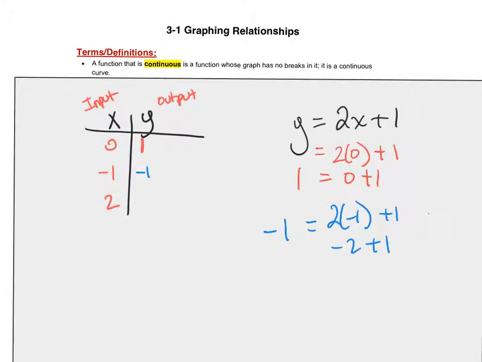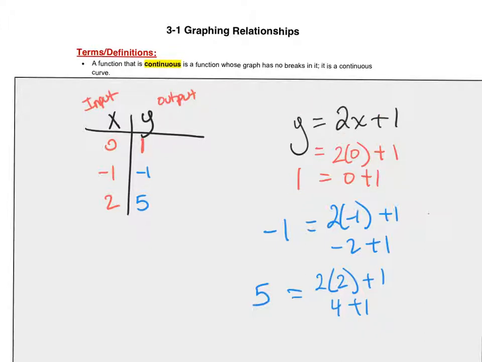If you put 2 in for x, you would get 2 times 2 plus 1 is 4 plus 1, which is equal to 5. So that means that when x is 2, y is 5. The input is the x value. The output is the y value. This here is a table of values, and it's a function. This is a function because the output depends on the input.